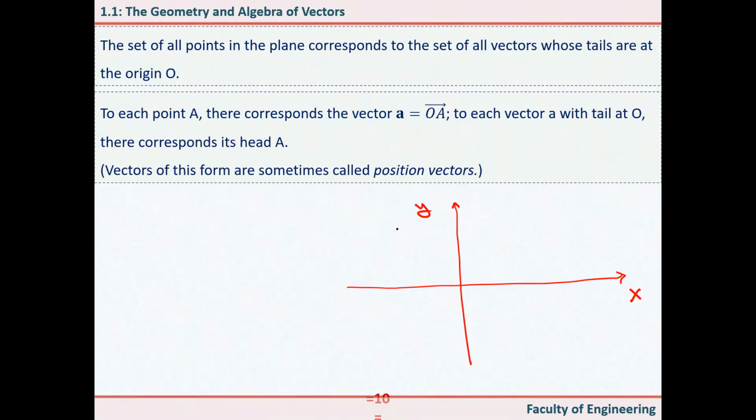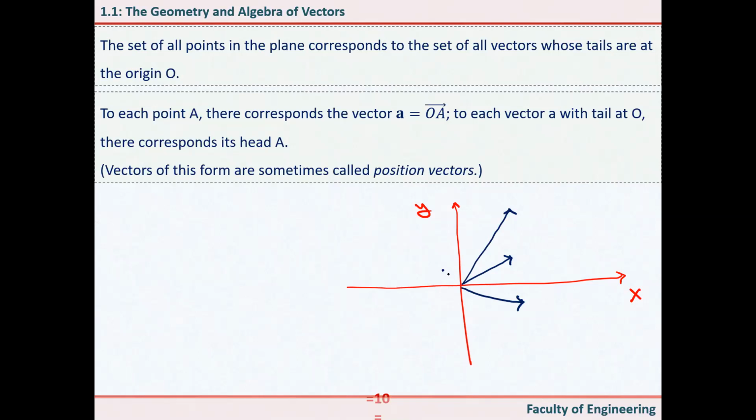How many points do we have here? We have infinitely many points, right? And we are saying that the set of all points here corresponds to infinitely many vectors. If we take one point, that point corresponds to this vector.